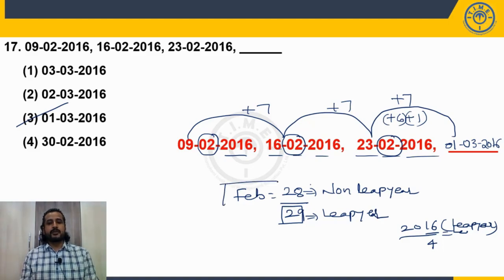Because of February month; otherwise it would be 30. As it is February and a leap year, it consists of 29 days. 23 plus 7 is actually 30, but we have only 29 days, so the one extra day is taken in the next month. So that is 01/03/2016. Clear? So choice 3 is our answer.